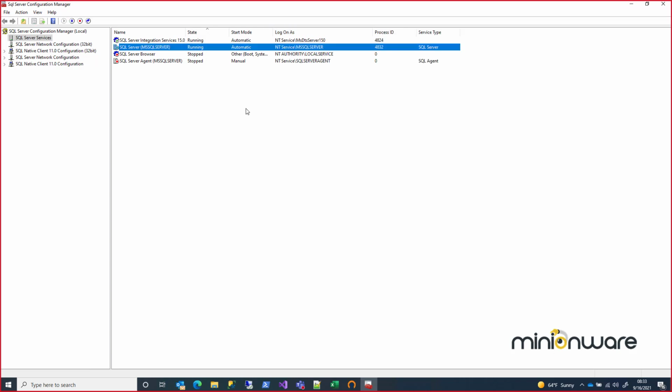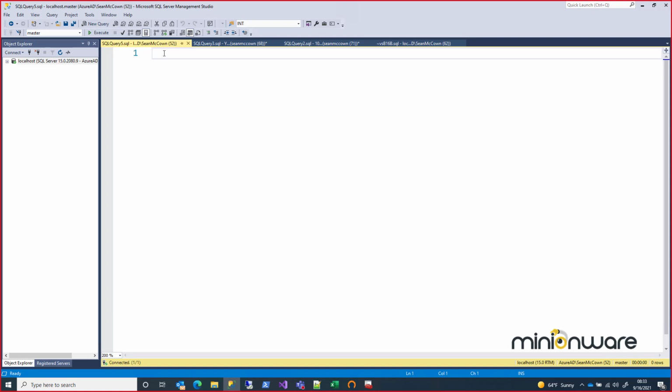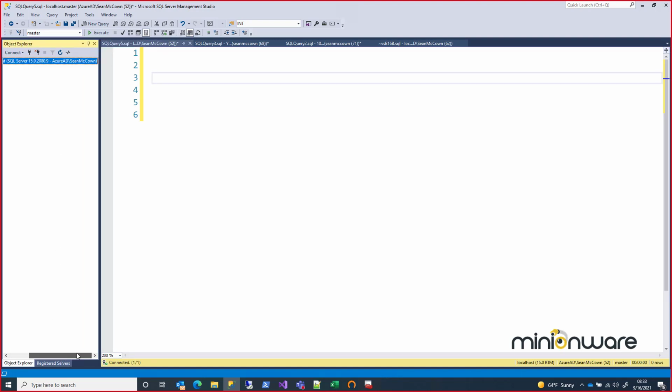Okay, local machine account, NT service SQL server. Great. So if this didn't run under a proxy, I would assume that it would run under my name, right? Because I'm logged in here on my local box under my Azure ID account. So let's give it a shot.